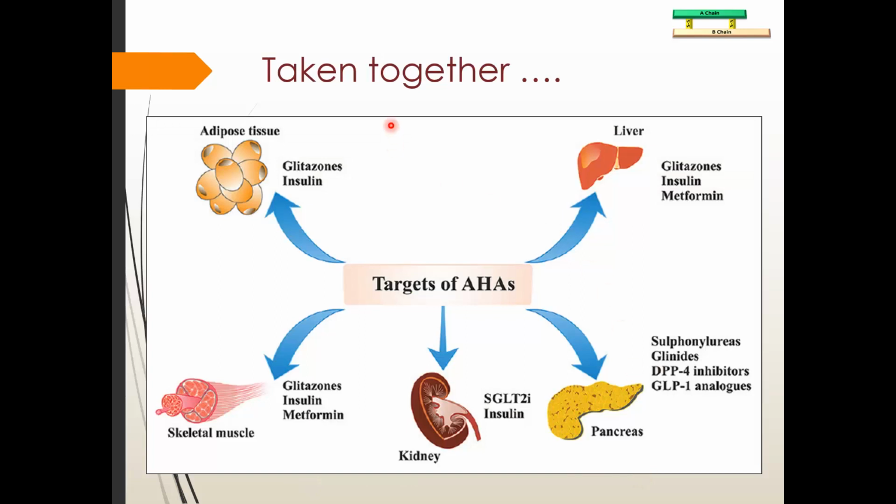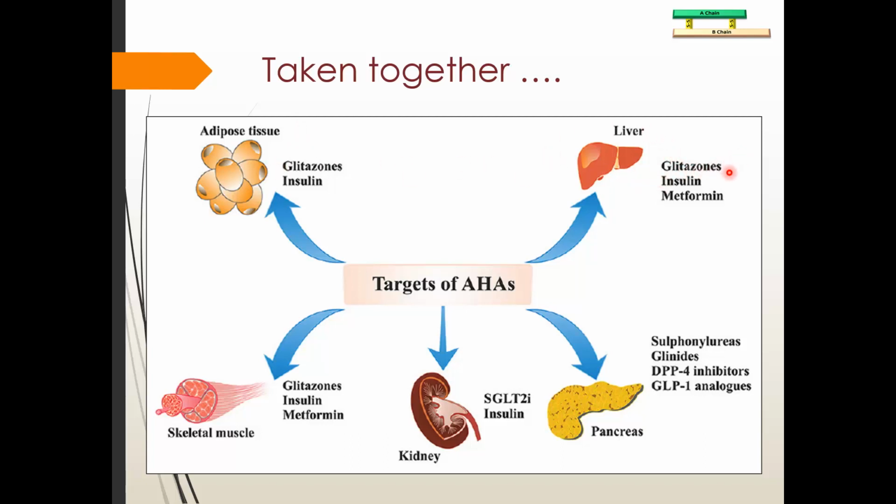So taken together, these are the main targets of anti-hyperglycemic agents: adipose tissue, glitazones, insulin, and to some extent metformin. They act on adipose tissue by increasing the intake of glucose by GLUT4 and also by decreasing free fatty acid release from adipose tissue.